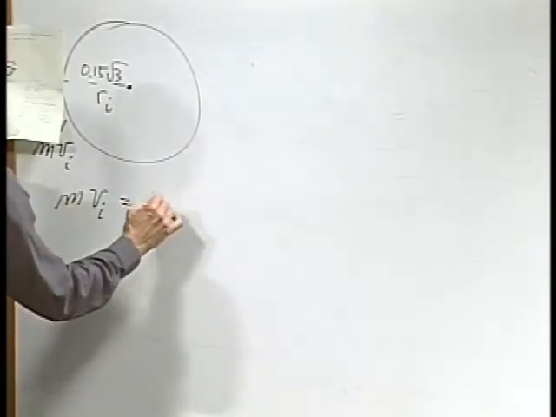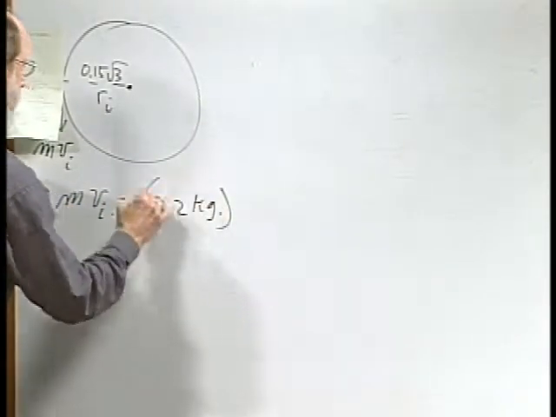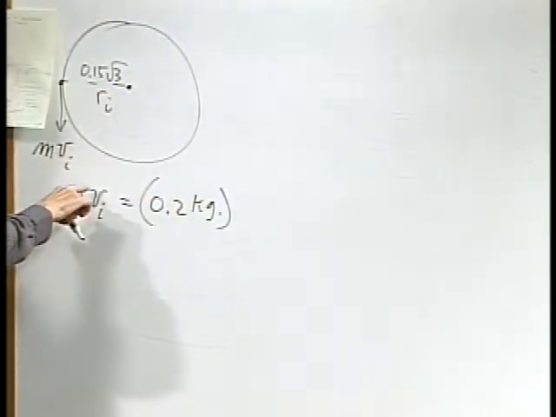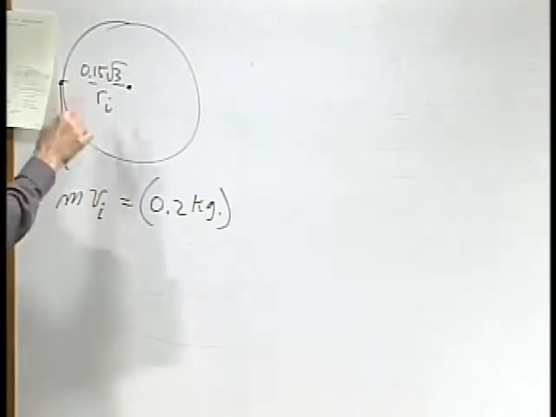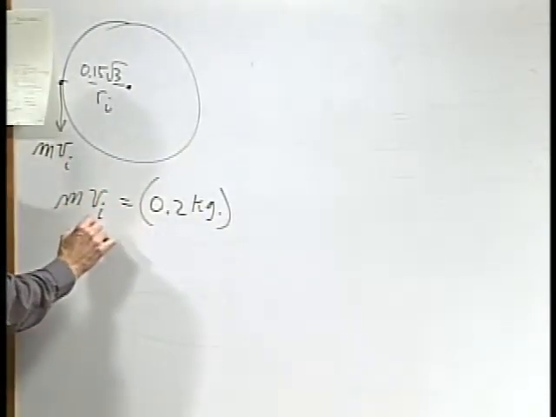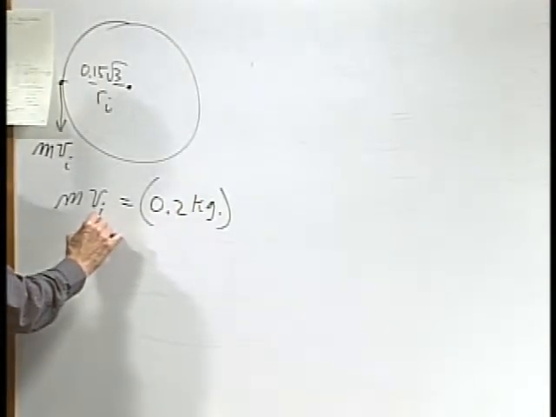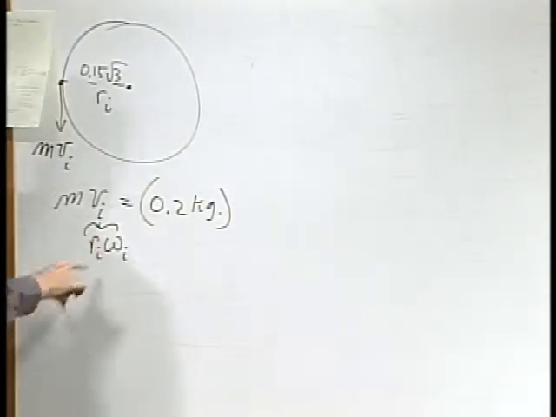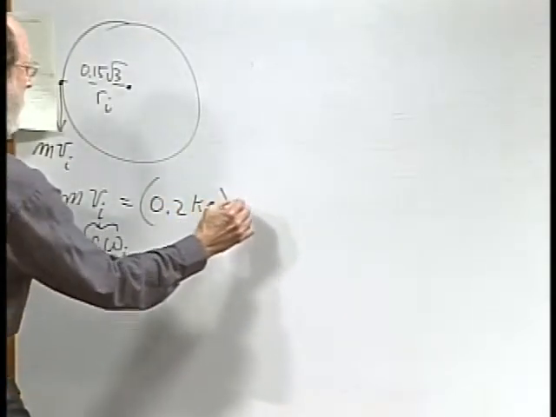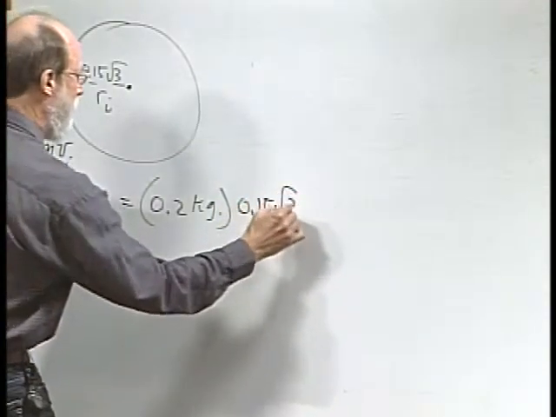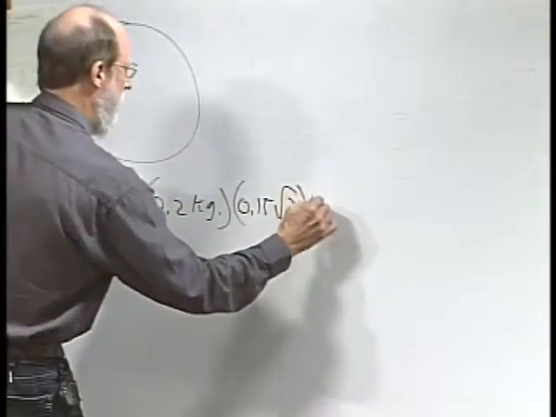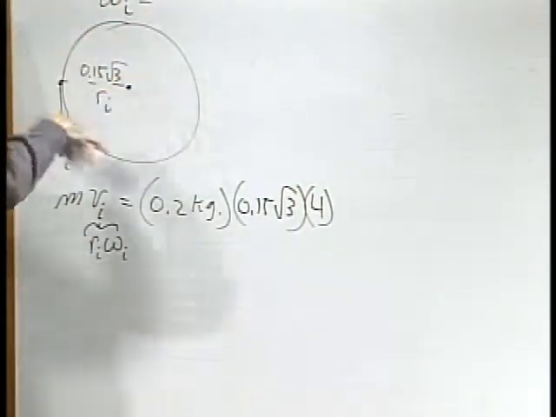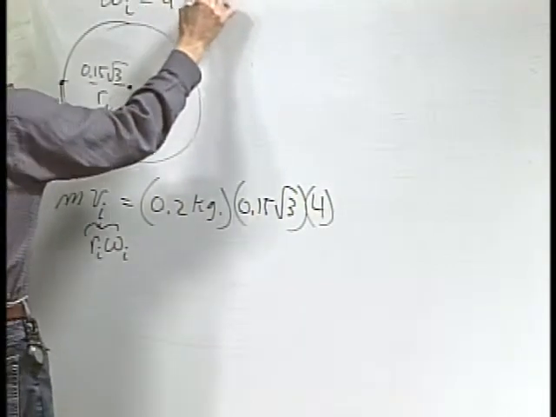It was 0.2 kilograms times R omega. And keep in mind that this is the R omega combination, and that was 0.15 square root of 3 times the omega initial that this thing was rotating at, which was 4 radians per second.